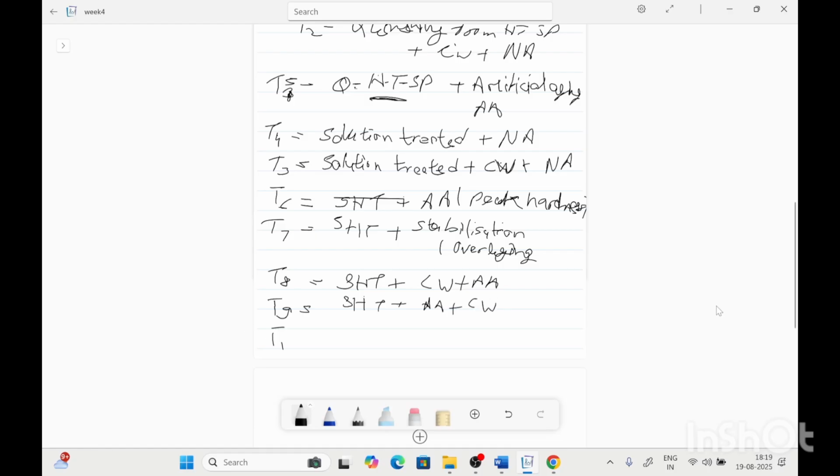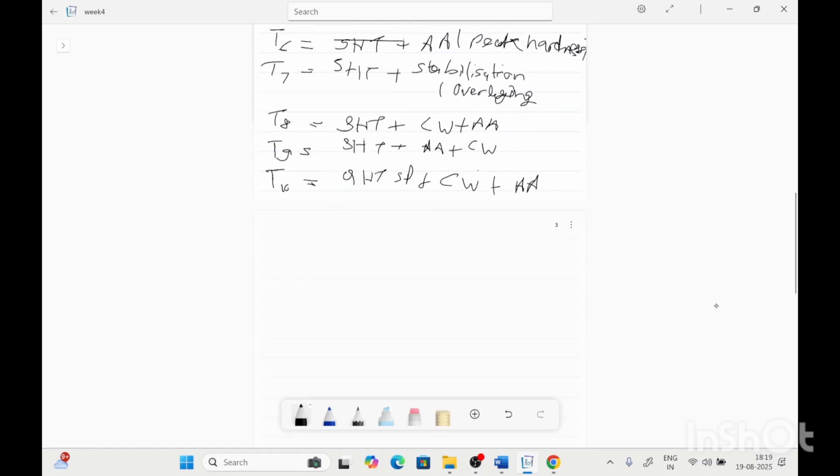And T10 is quenching from a high temperature shaping process plus cold working, then artificial aging.